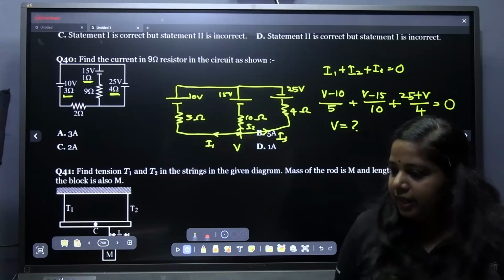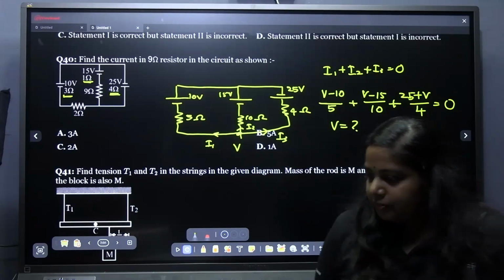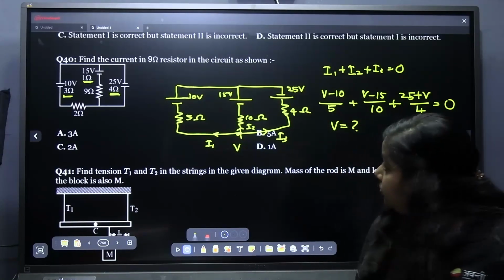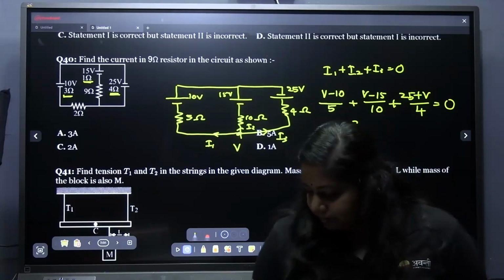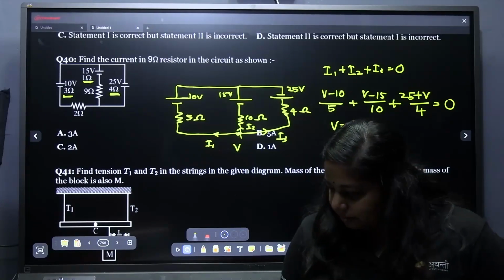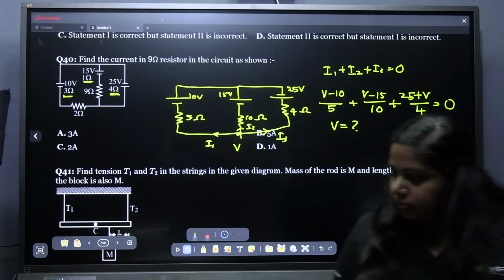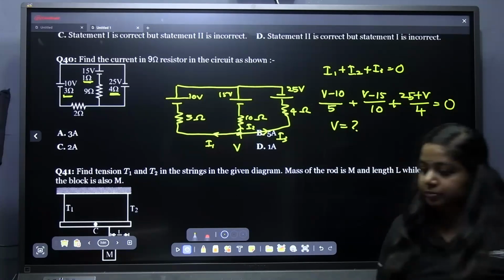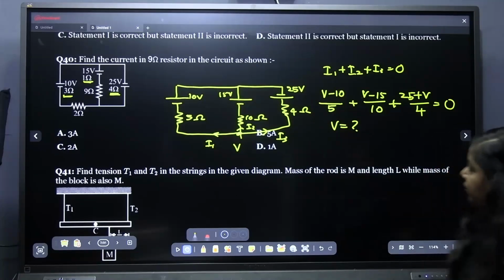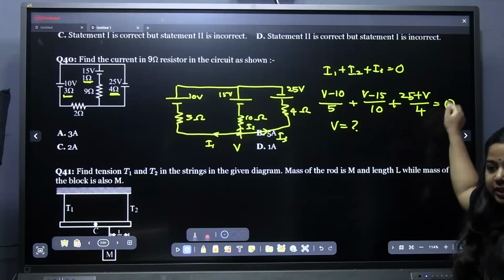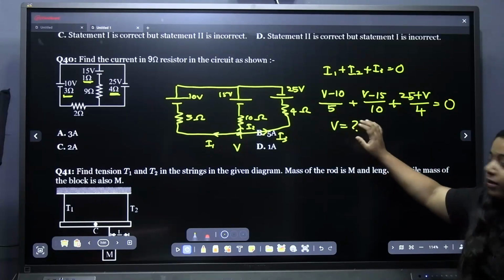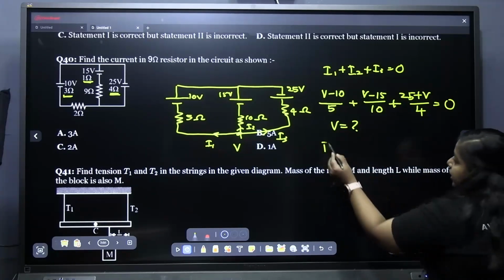Can anybody find the answer for that? Question 40. We will solve this equation to find V. Then once we get that, we have to find I2.